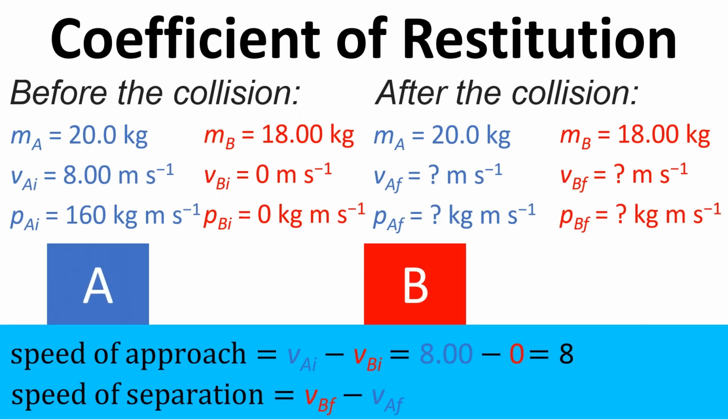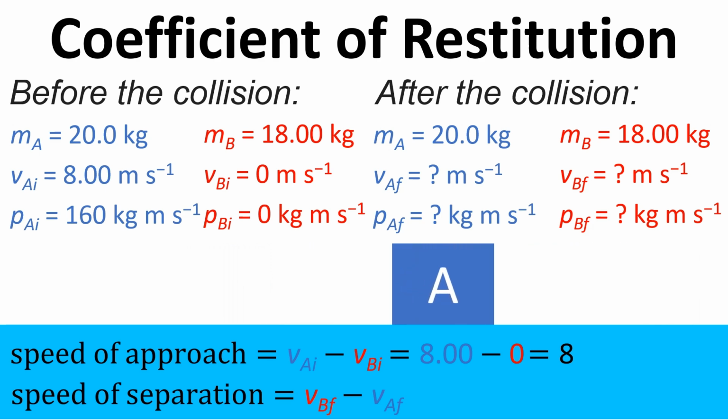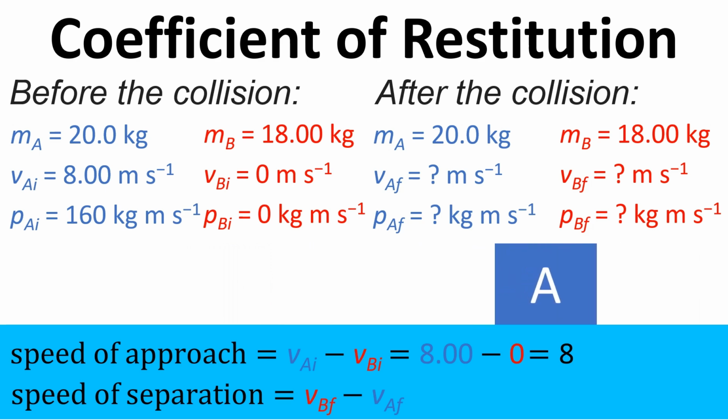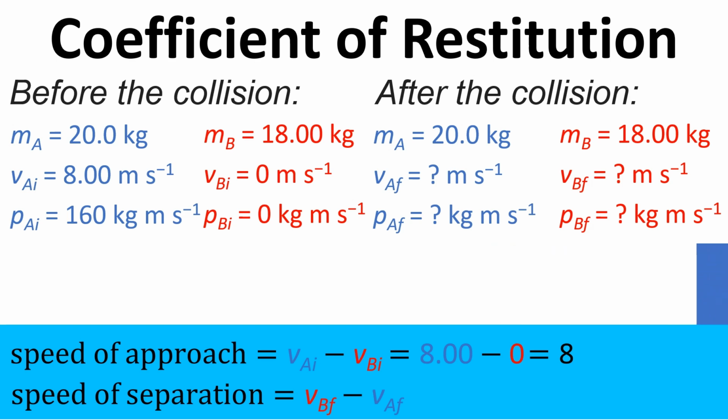Now back to the information we had before, the speed of approach is the speed of A take away the speed of B initially, and so that's 8 minus 0, so it's 8 meters per second for the speed of approach. The speed of separation is the speed of B after the collision, take away the speed of A after the collision.